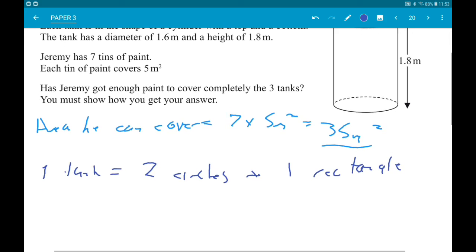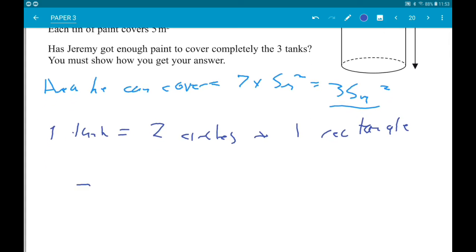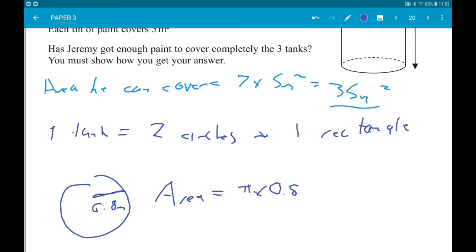So let's do a circle first. So the tank has a diameter of 1.6 meters. The area of a circle is pi times radius squared. So we want the radius, which is 0.8 meters. So the area of a circle is pi times 0.8 meters squared.